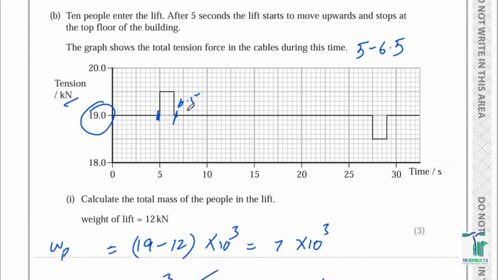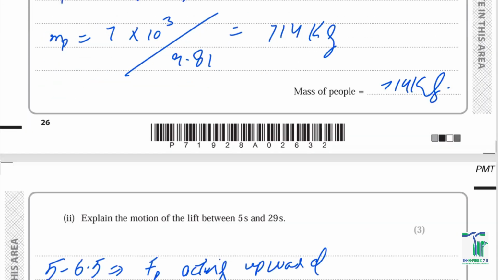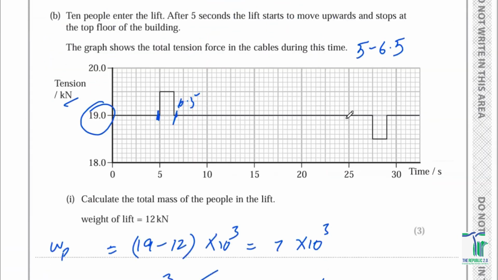Now from 6.5 seconds to 27.5 seconds, there is no resultant force acting on the cable. You can see that the line is constant.